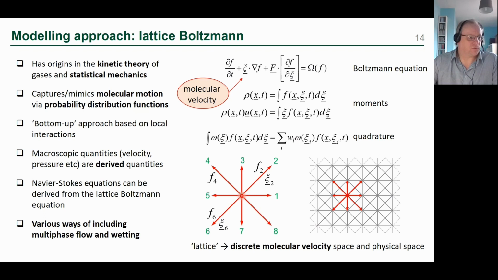There's a velocity where the particle stays where it is, so it's zero velocity, and then it could jump 1 unit in any of these 4 directions in a time step, or it can jump along this length, which is √2, a bit longer in each time step. So there are actually 3 different speeds and 9 different molecular velocities, and that provides us a way of working out these macroscopic quantities from these microscopic ones.